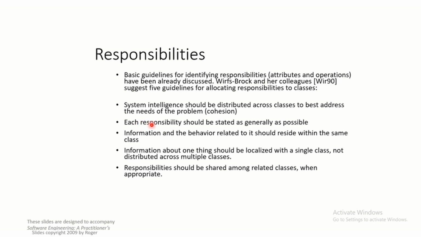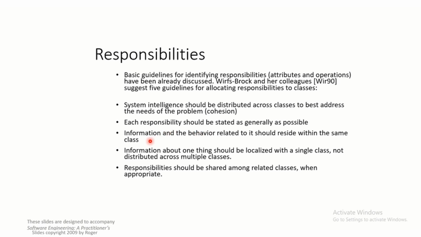The second point: each responsibility should be stated as generally as possible. It implies that general responsibilities, both attributes and operations, should reside high in the class hierarchy because they are generic and apply to all subclasses as well.